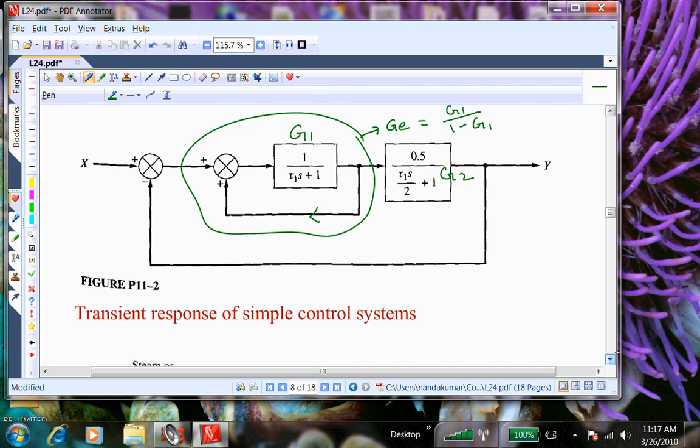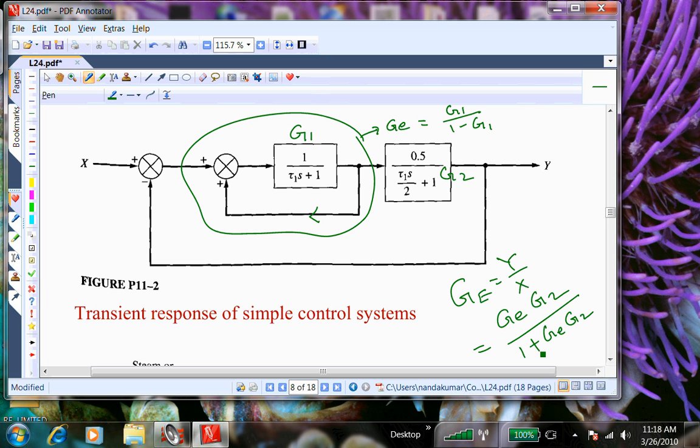Okay? And the next step would be G, let's call it big E, which is the ratio of y divided by x. So what would that be? GE times G2 divided by 1 minus GE times G2. 1 plus.